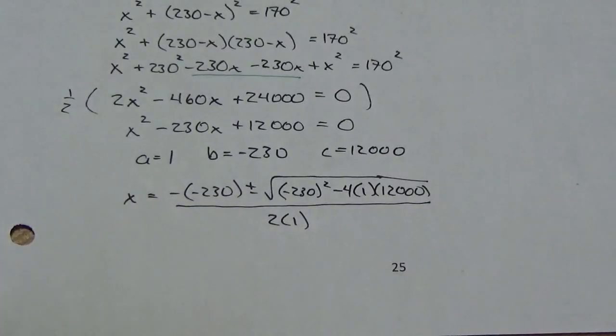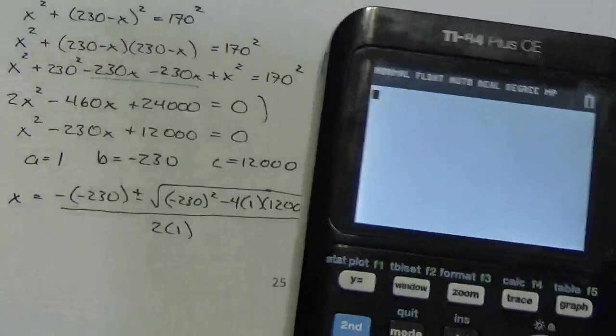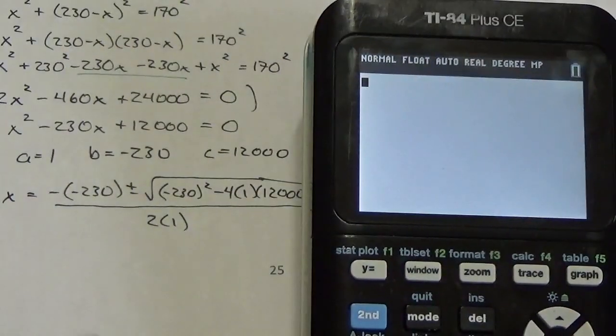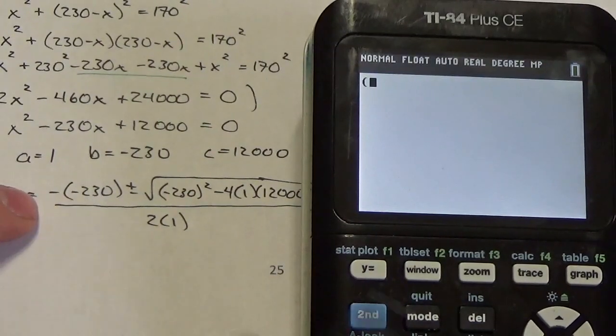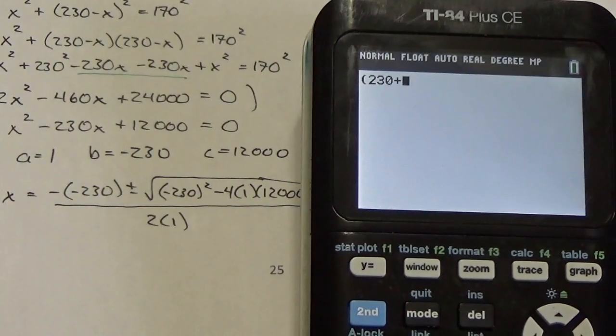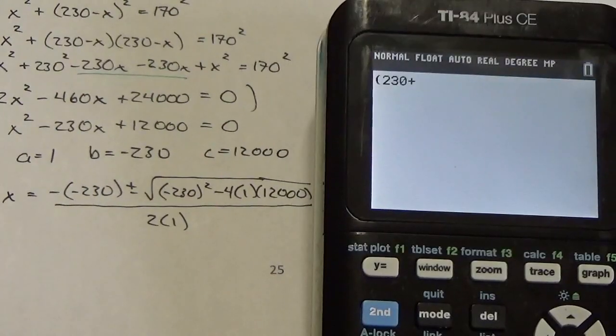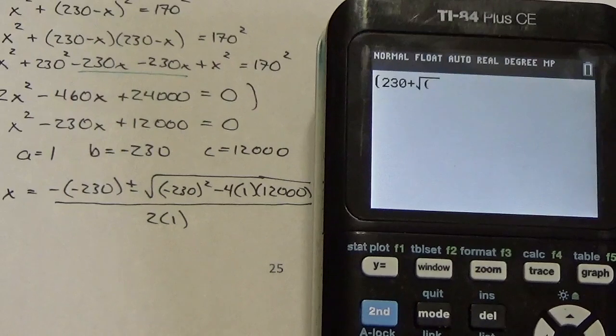Okay, so now I'm going to let my calculator handle the work here. So remember, I put parentheses around the numerator, and I'm going to get the negative of negative 230. Now I already know that's going to end up being positive 230. That's fine. I'm just going to write that out there. Plus the square root of, and here I'm going to put brackets to make sure that that negative is included when I square that.